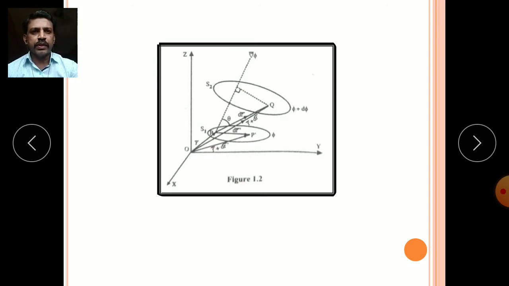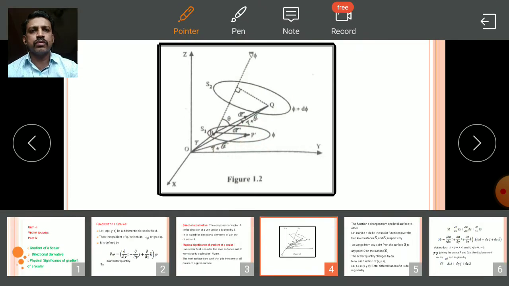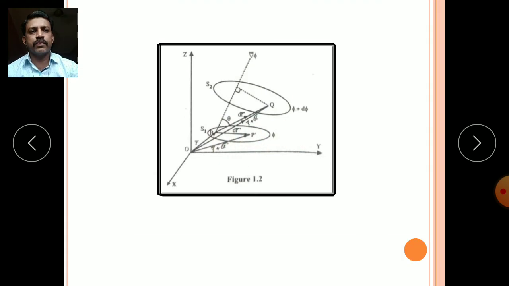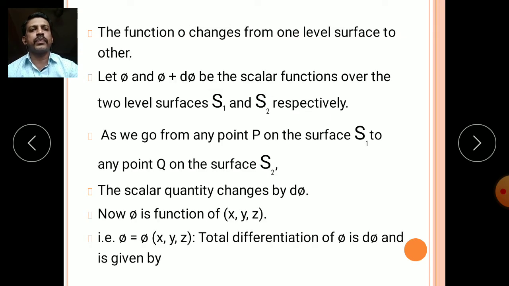Here the first surface is S1, the second surface is S2, and if we move from any point of surface S1 to the surface S2, the scalar quantity changes by d phi.